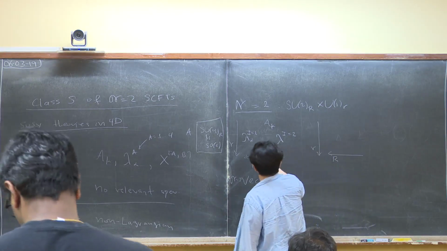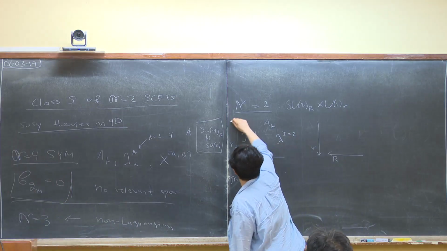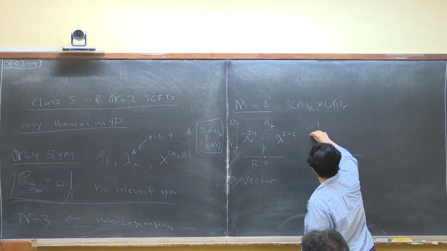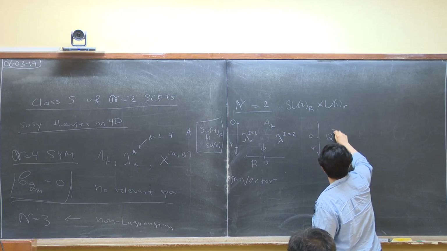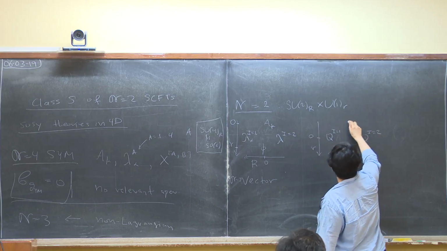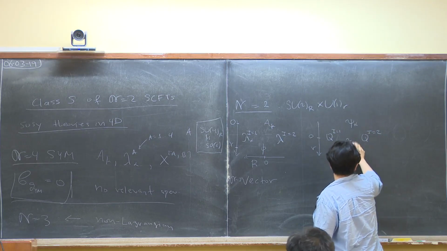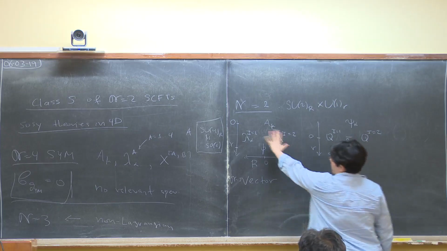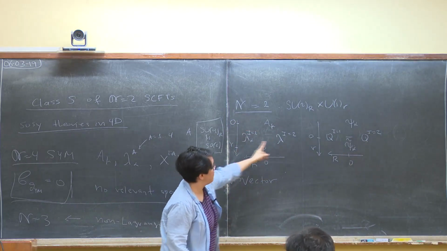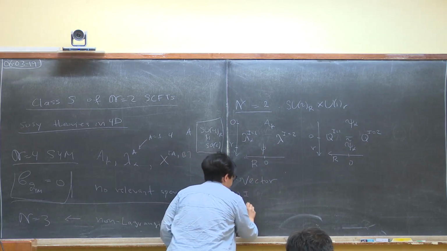And maybe you can see that this is 0, and also here, this is 0, little r symmetry. So first of all, what we see in this multiplet is that the fermions form a doublet under SU2.